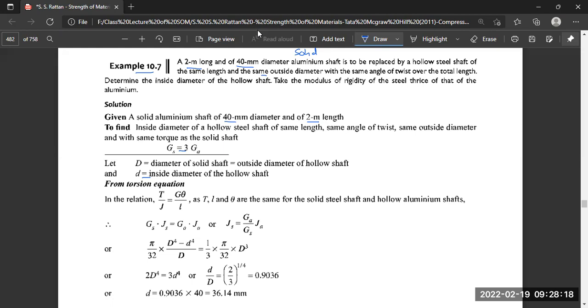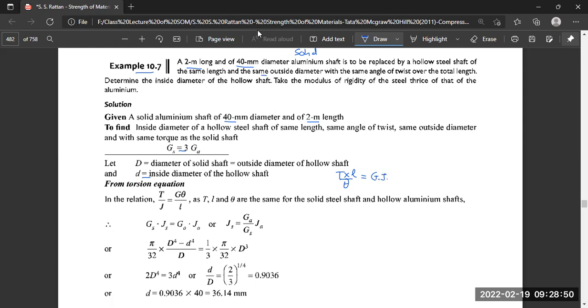Here torque is the same, length L is the same, and theta is the same for both the aluminum and hollow bar. So if we equate, the equation can be written as T into L divided by theta, which is equal to G into J.